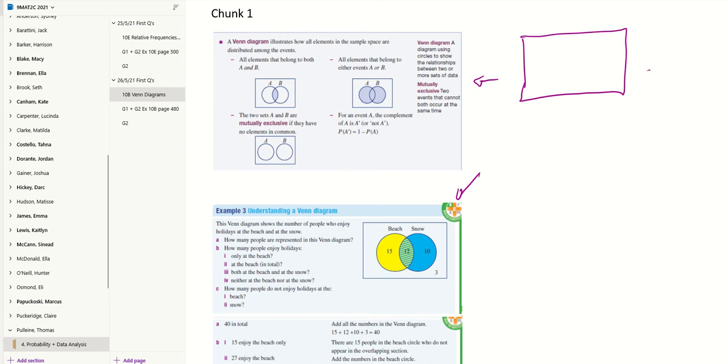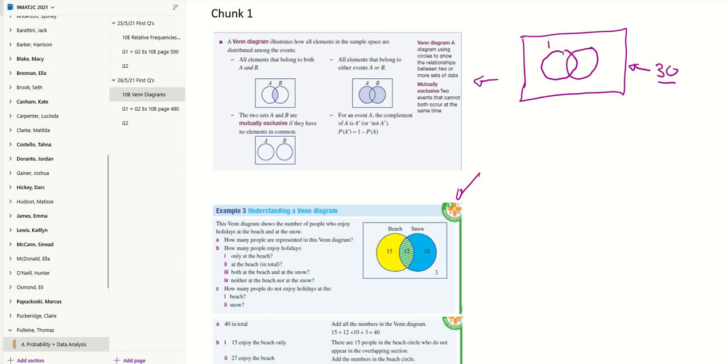So what we do in the first place is this square is our world view, you might say. Inside that rectangle, we are going to have every member of the group. So if we're talking about 30 people being in the class, the numbers inside that square will add up to 30. The example I just used was those people that like basketball and cricket.